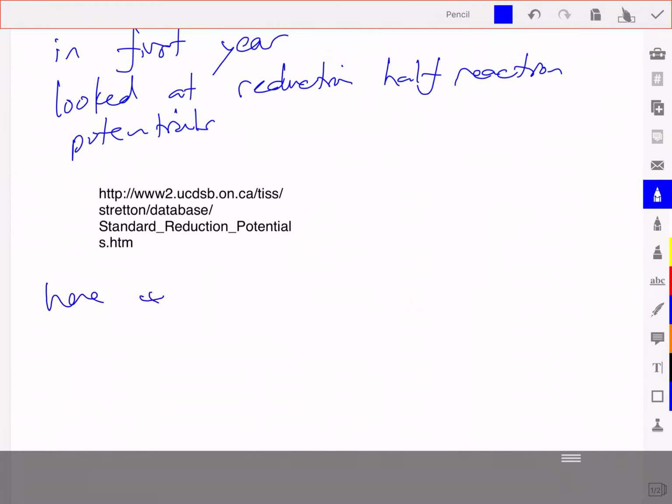But here, use log K tables instead. It's the same information. We could write the equation that shows how reduction potential is related to the equilibrium constant, K red. But I'm never going to ask you to convert back and forth. We're going to do all of our quantitative questions in terms of tables of log K values.